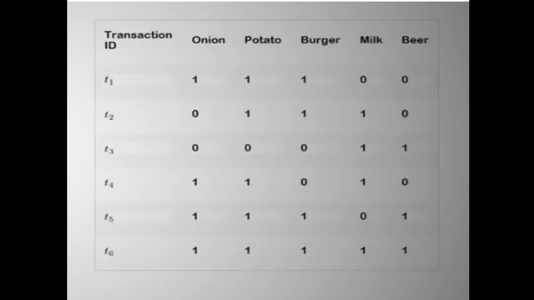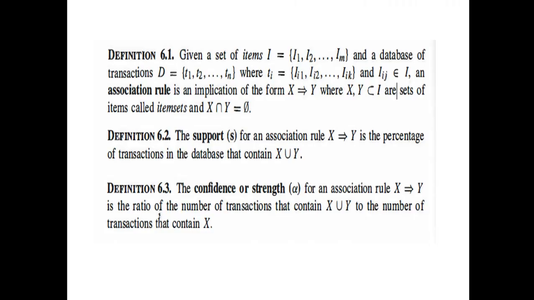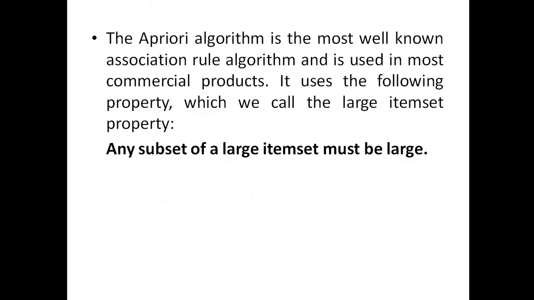To find the frequent item sets on a very large scale, we use the programming part. We use programming to get the frequent item sets, and using those we are going to calculate the association rules using the Apriori algorithm.